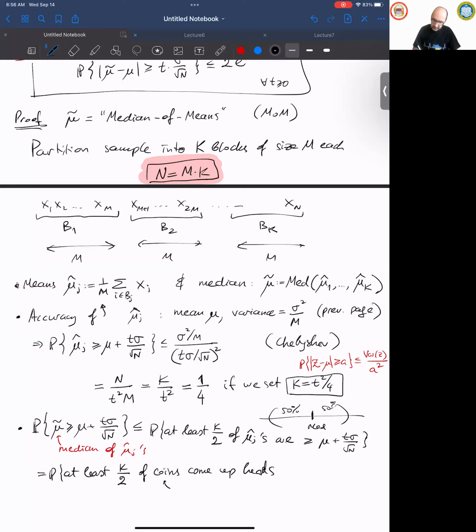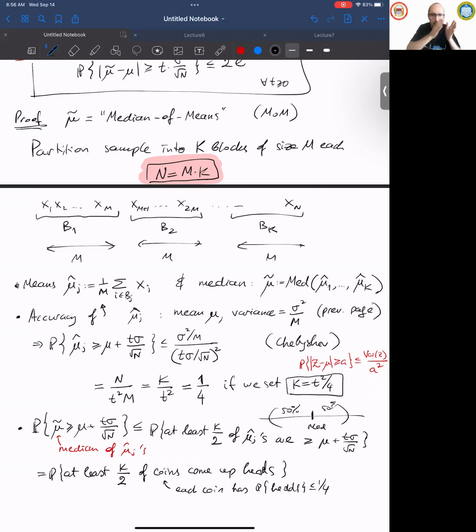And each coin has probability of heads less than 1/4. Do you understand this transition to coins?